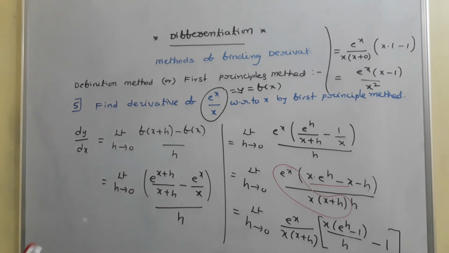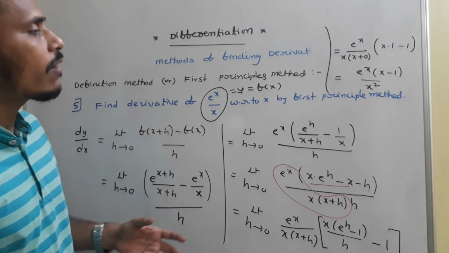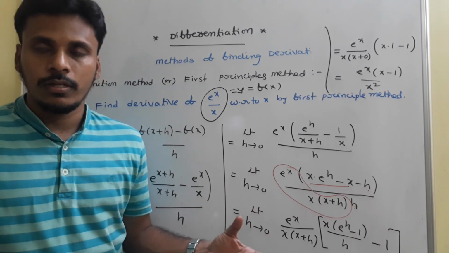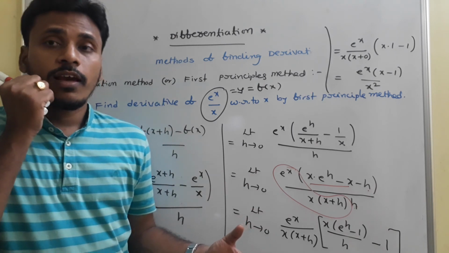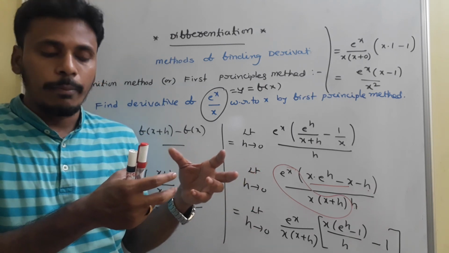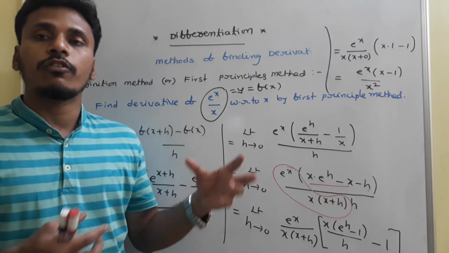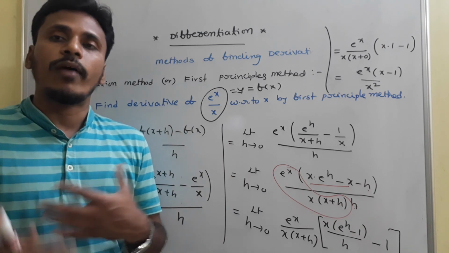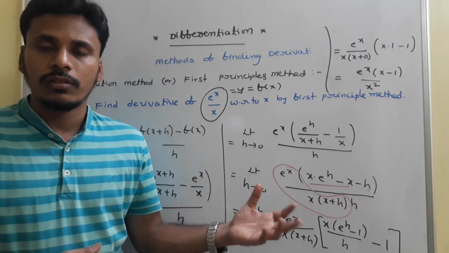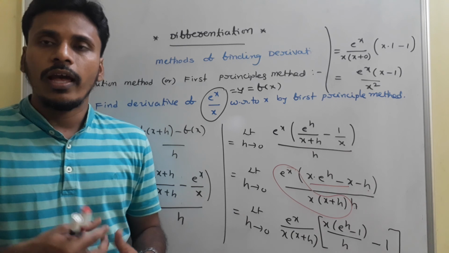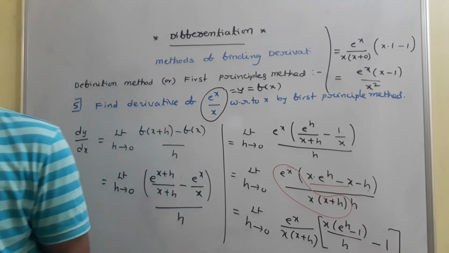So likewise we can find the derivatives for all the functions using the first principles method. Basically we will make a list of the derivatives for the standard functions, and using that formula list we are going to find the derivatives for all the other functions with certain properties of derivatives. Everything we are going to discuss one by one.